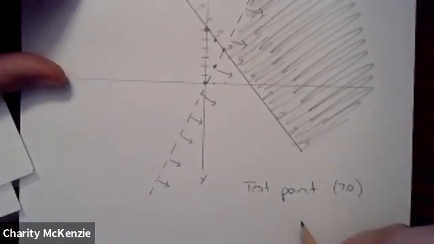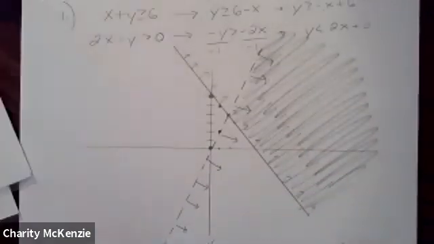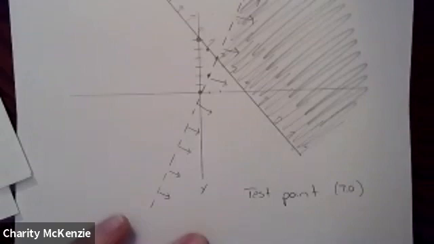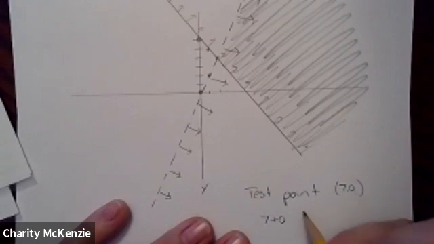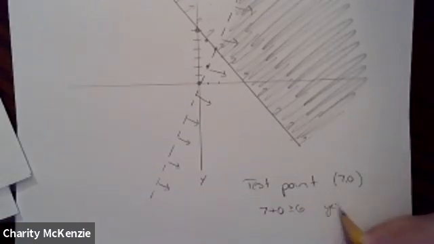So the first original one is going to be x plus y is greater than or equal to 6. So x is 7, so we'll have 7 plus 0. 7 plus 0 is greater than or equal to 6. So is 7 greater than 6? Yes. So that one worked.